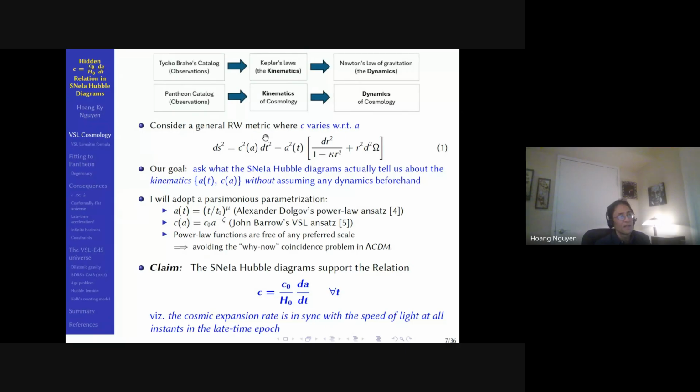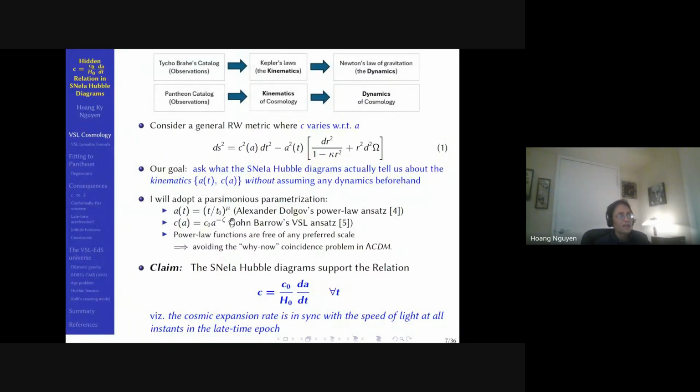So I'm going to adopt some parsimony. For a(t), I will adopt the power law form used by Don Gott about 30 years ago. For c(a), I'm adopting John Barrow's ansatz here, via a power law again.